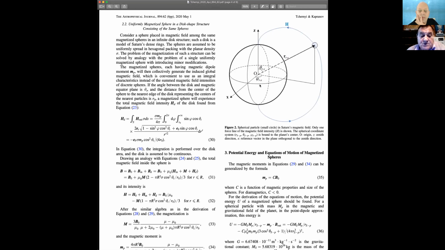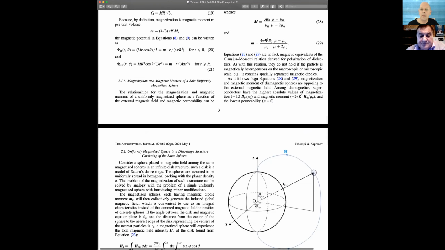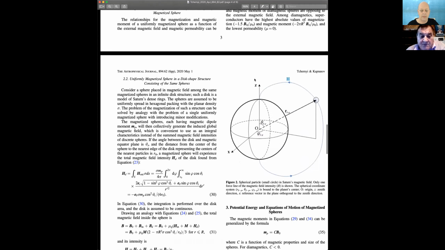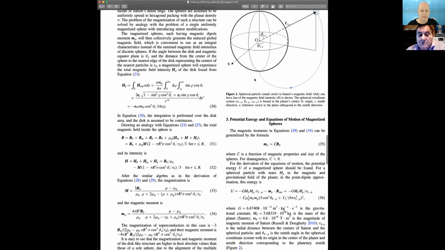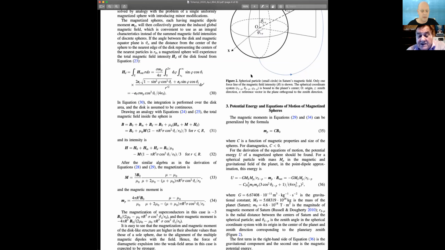It is easier to see by comparing expressions 28 and 29 for a single sphere with what we receive now for many spheres, 33 and 34: the magnetization and magnetic moment of the disk-like structure are higher in absolute value than those of the sole sphere due to the alignment of the multiple magnetic dipoles with the field.